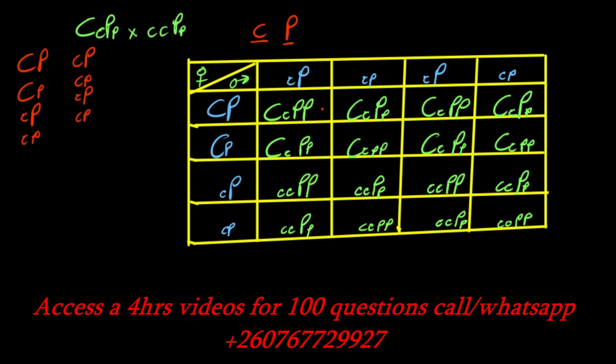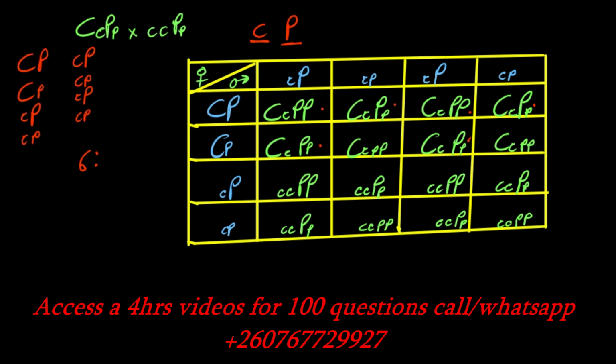So we start counting. 1, 2, 3, then we have 4, 5, 6. So we have 6. The rest are going to be white, because they lack either capital letter C, or capital letter P, or both of them.